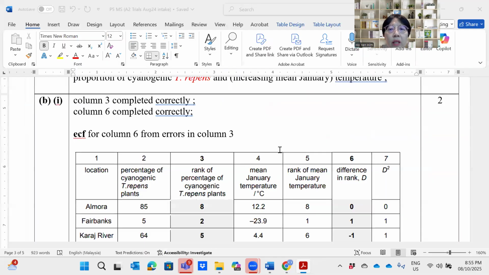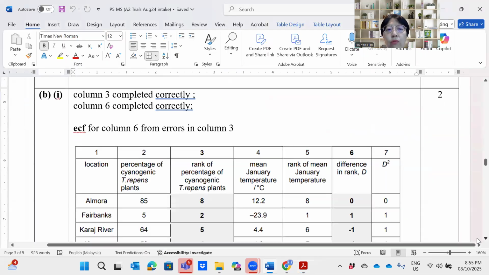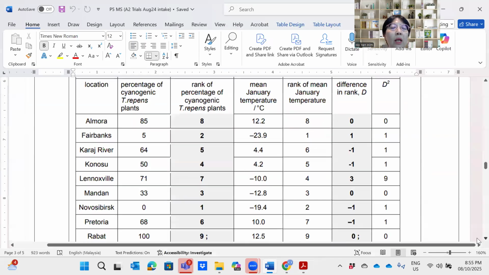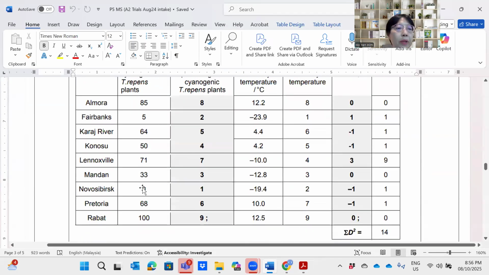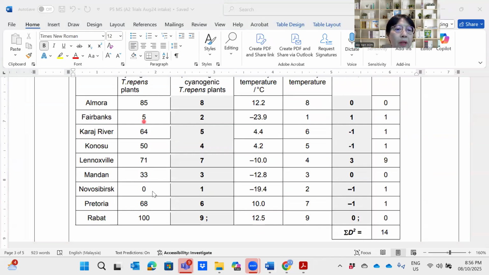The answer is already given to you. We always rank from the smallest number to the biggest number. So the smallest number, 0, is 1, then followed by the next higher number, 5 is 2, and so on. Same for the temperature, the lowest, negative 23.9, is 1, and the highest, 12.2, is 8. So this is how you rank it.